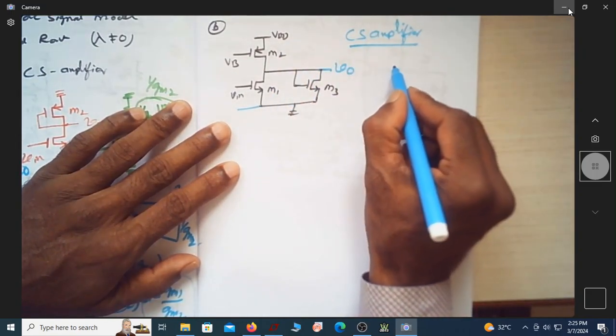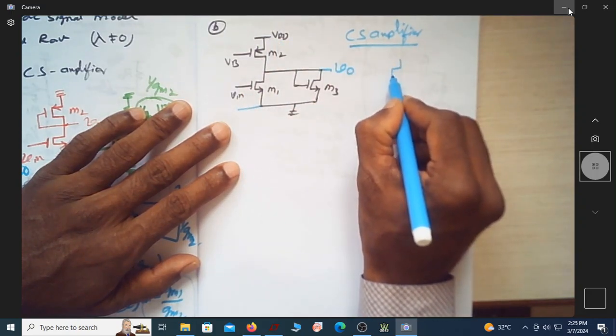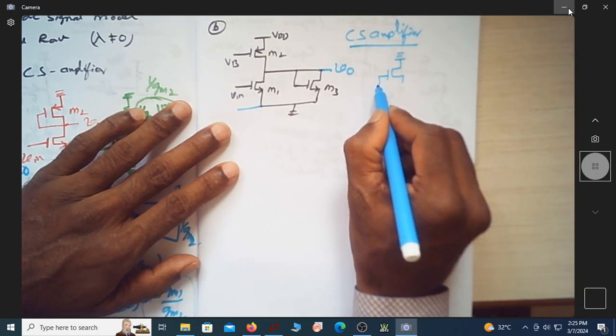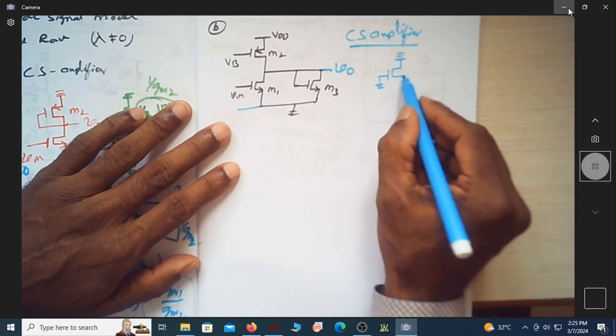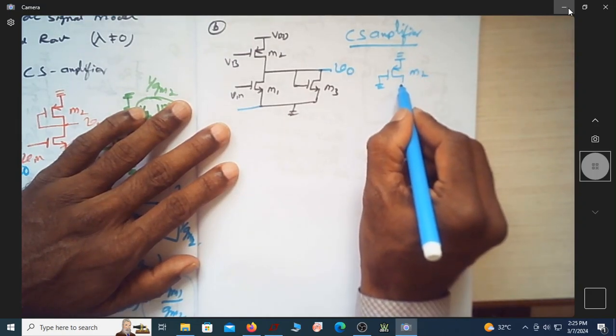To write its small signal model, let us replace this by AC ground. When you replace this by AC ground, this is also AC ground because this is also a DC voltage. Now this is how M2 is looking.